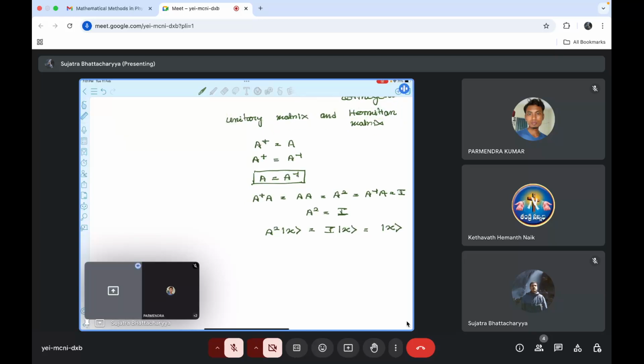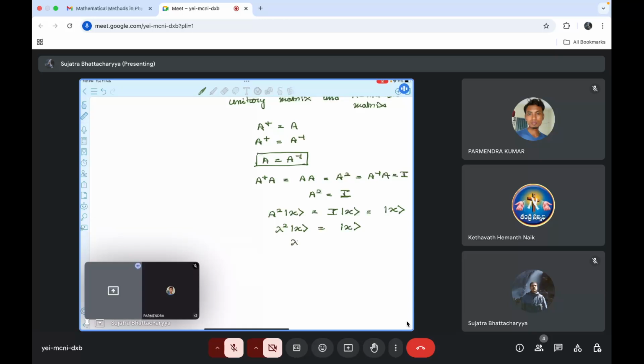So if we write this as A square x, this will be nothing but lambda square x. We have seen this in the differential operator kind of thing, and this is x. So what you are getting is lambda square x minus x should be equal to 0, so (lambda square minus 1) x equals 0. This is a non-null vector.